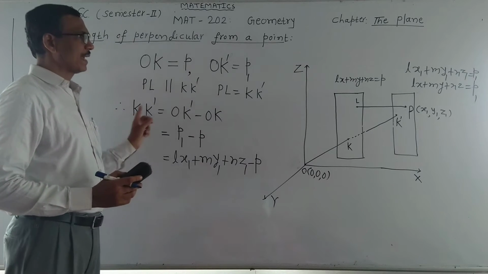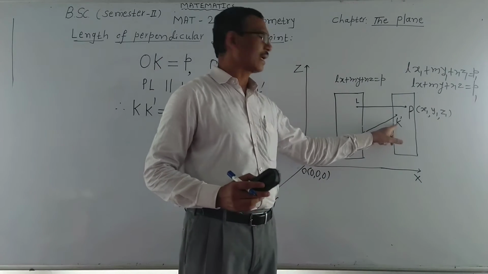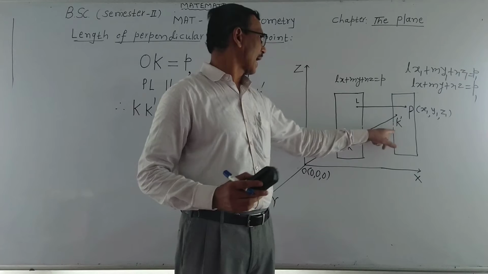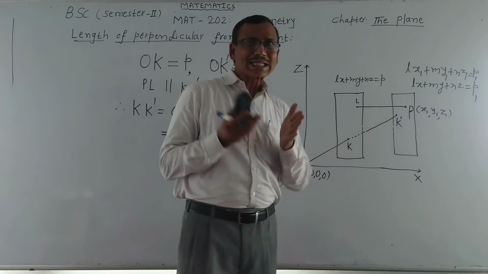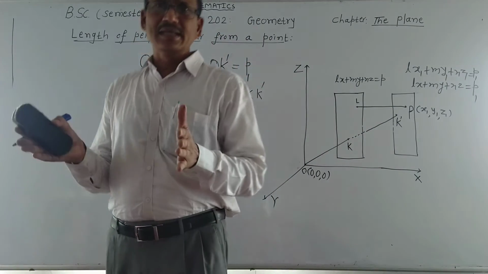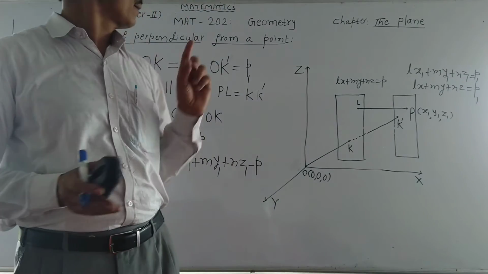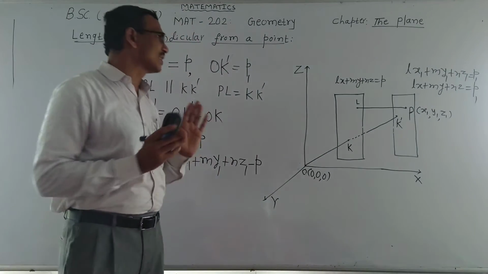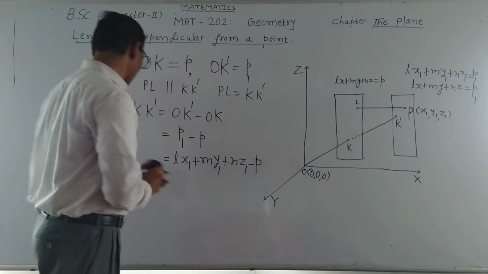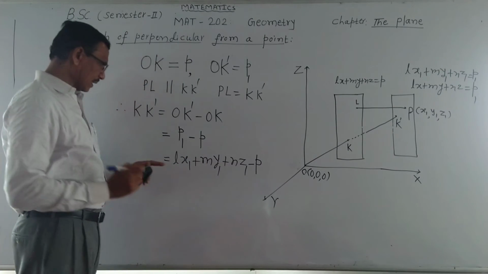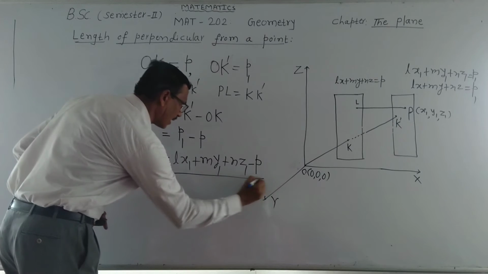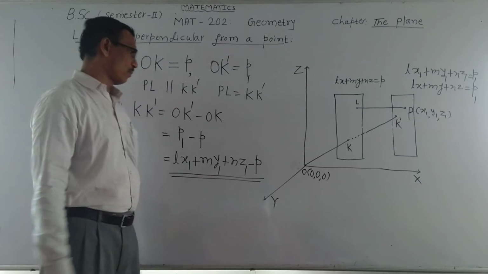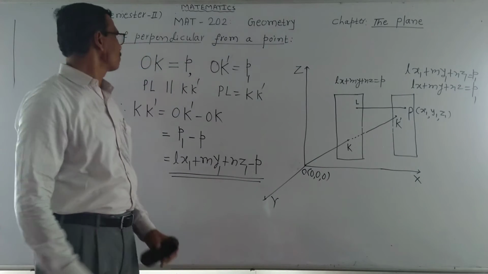This is KK dash. But KK dash and PL are the distances between the parallel planes, and we have PL is equal to KK dash. That is, the distance between these two parallel planes is given by Lx1 plus My1 plus Nz1 minus p.